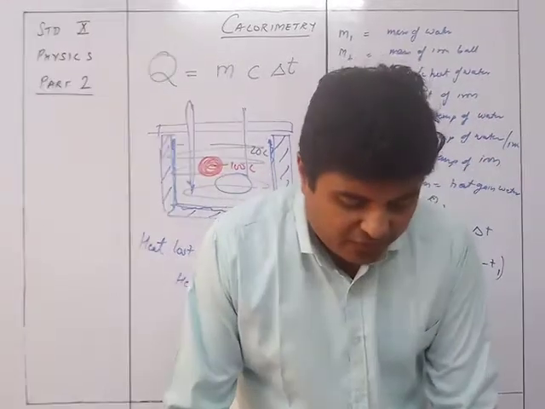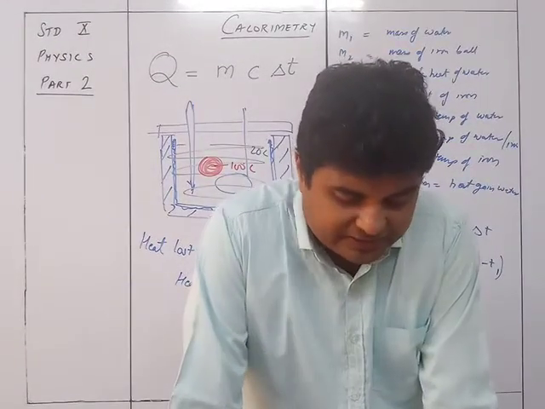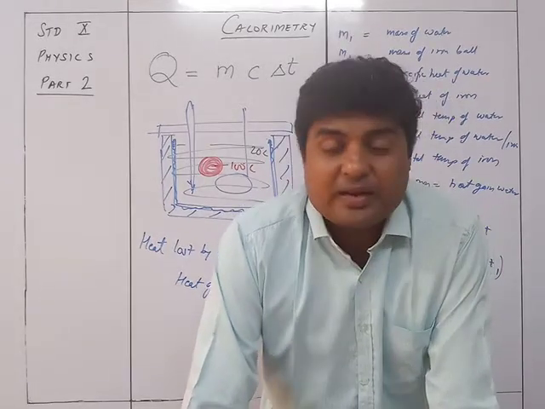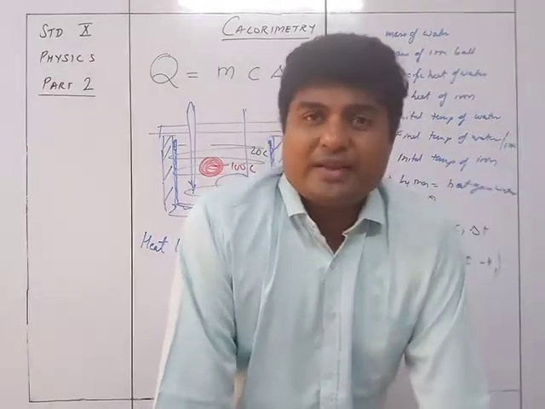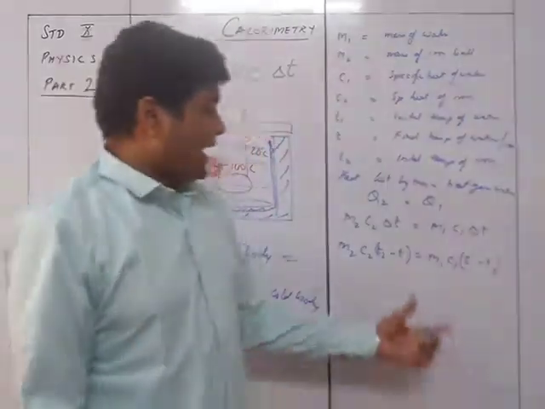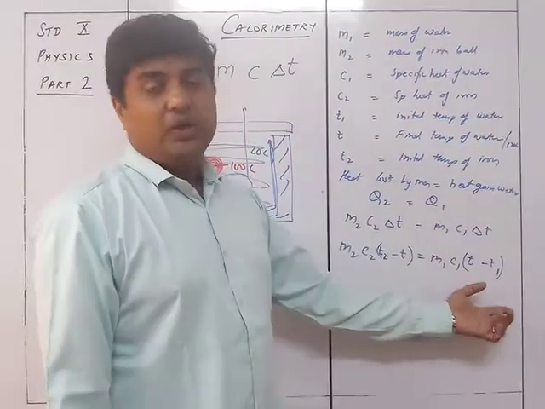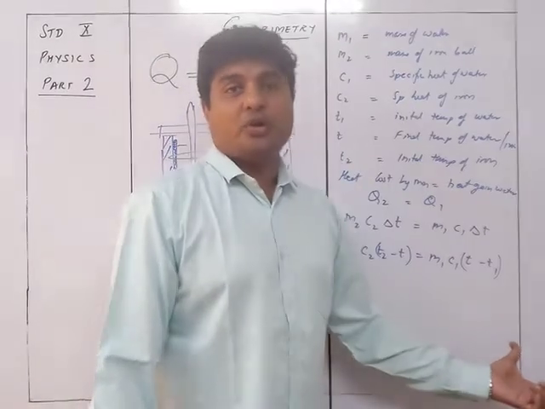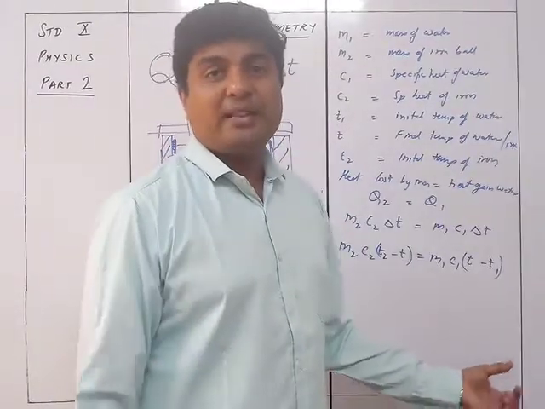If a calorimeter vessel is used for mixing two substances A and B, we must take into account the heat energy gained by the calorimeter also. So when you are doing this experiment, यहाँ पे जो हम लोग ने सिर्फ water लिया है, you may need to take into consideration the amount of heat energy absorbed by the calorimeter.